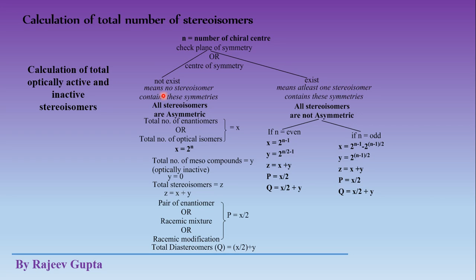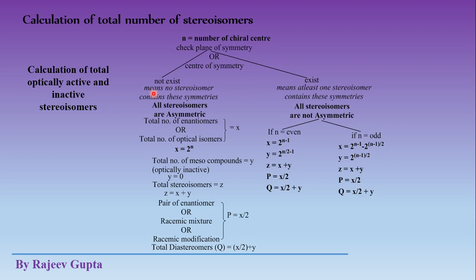If in a given organic molecule none of the stereoisomers is an achiral or optically inactive molecule, we apply the formulas shown in this first column. If we get at least one symmetric stereoisomer of that organic molecule, then we apply the formulas shown in the second column.